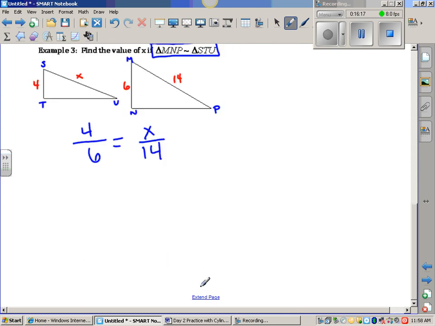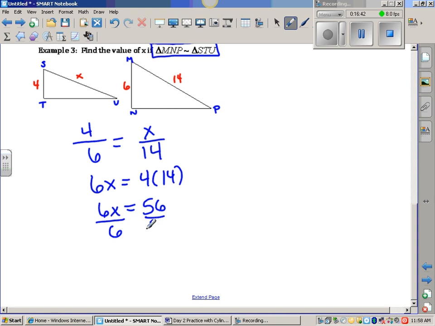Now, hopefully everybody is saying to themselves, well, now you just have two fractions set equal, and if you have two fractions set equal, all you have to do is cross multiply. So you're going to get 6x equals 4 times 14. You could reduce the 4 and 6 down if you wanted to. That would be up to you. You get 6x equals 56.